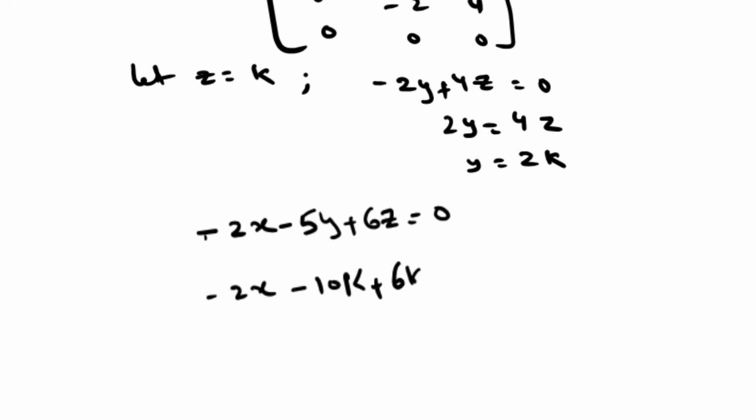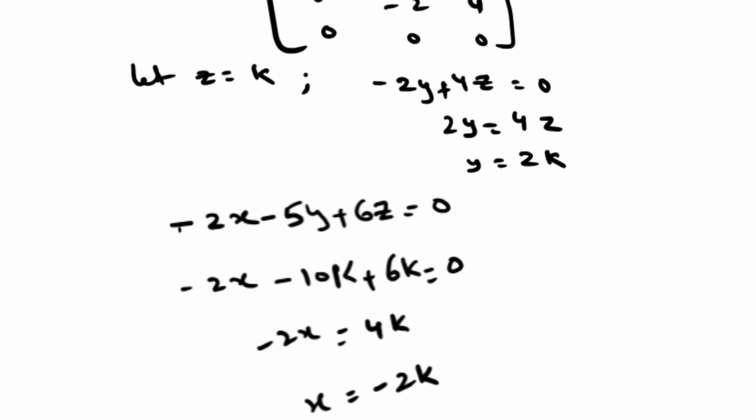Substituting y and z in the equation, minus 2x minus 10k plus 6k is equal to 0. Minus 2x equals 4k, x equals minus 2k. Therefore, X2 is equal to minus 2, 2, 1.